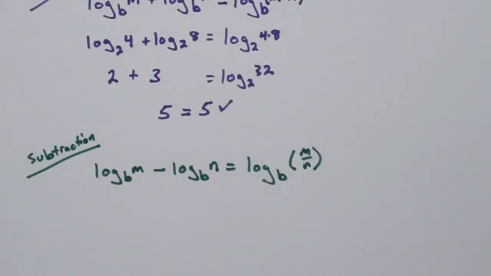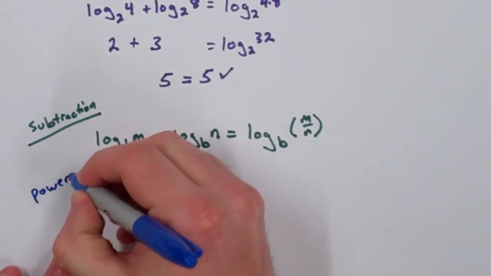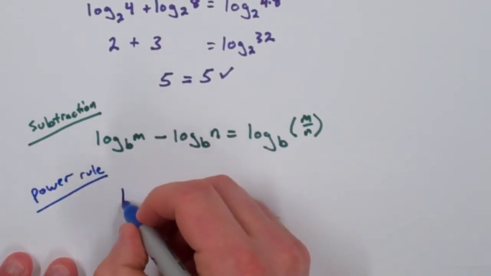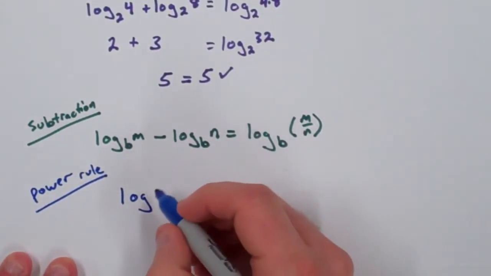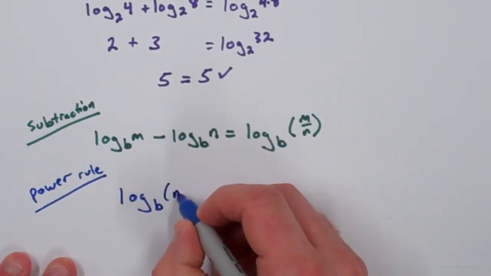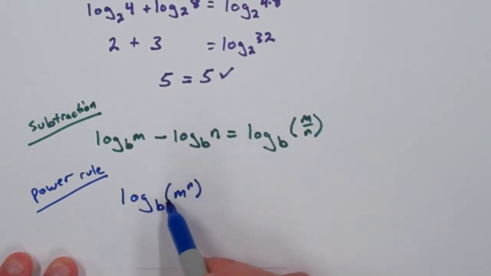There's one other rule that I'd like to talk to you about, and that is the power rule, and this is a very important rule as well. So the power rule: start off with a logarithm, log base b of m to the n power. And the n has to be inside in this argument position.